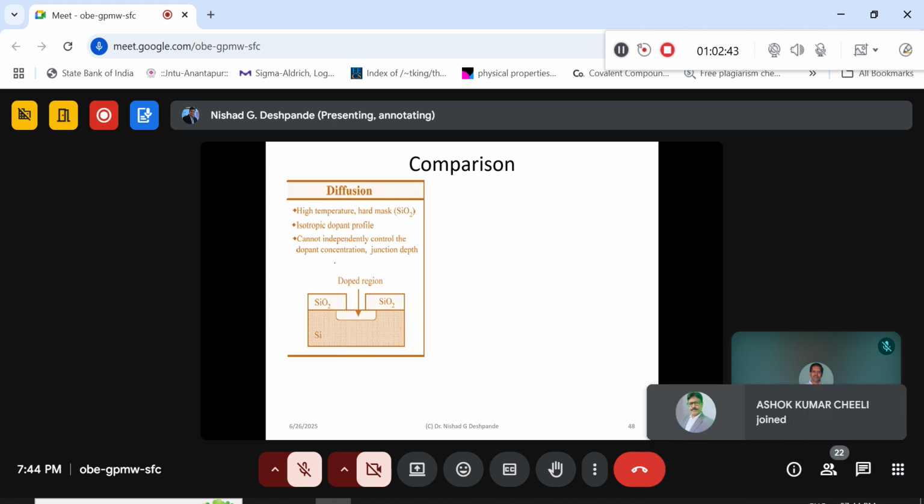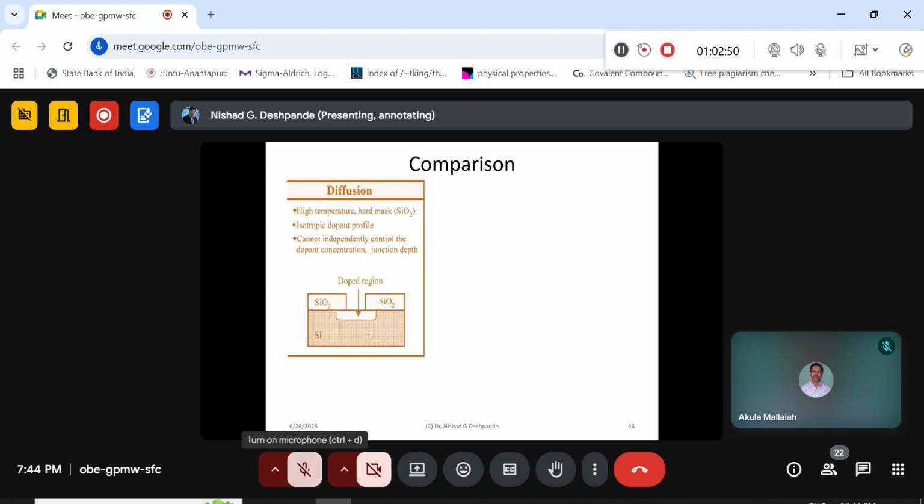Note down that this whole sample is at a very high temperature. The reason is that the silicon has to be made in such a way that the boron can move inside the silicon matrix. That can happen only when you have a temperature at which you can break the bonds of silicon, which means a melting point.